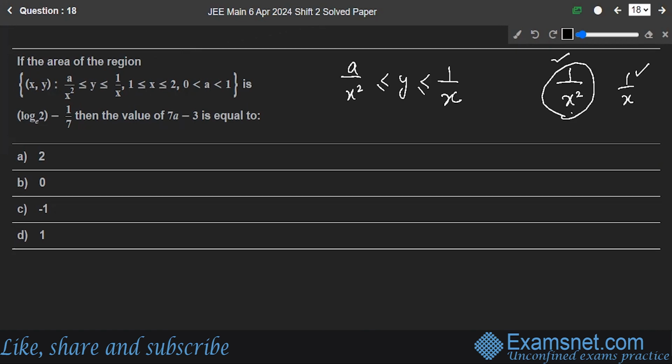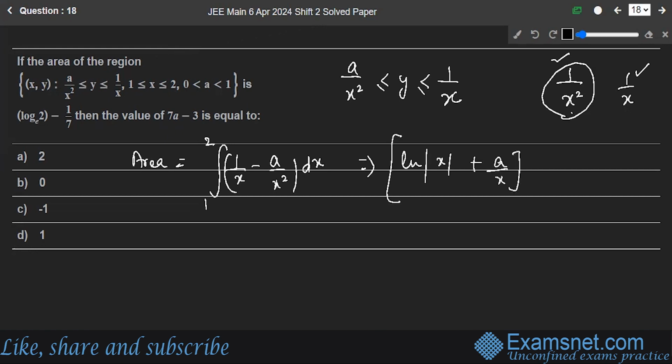So the area of the region will be given by the integral with limits 1 to 2, 1 upon x minus a upon x square dx. This is equal to log of x, and this will give me a upon x, limits 1 to 2.